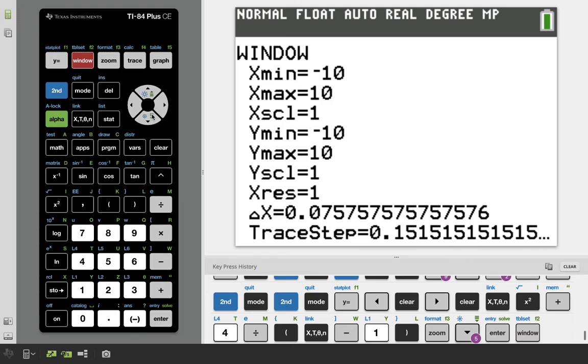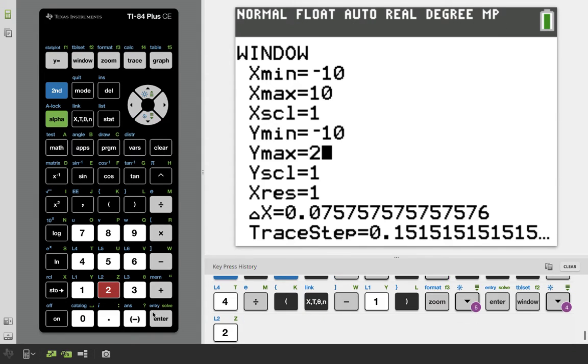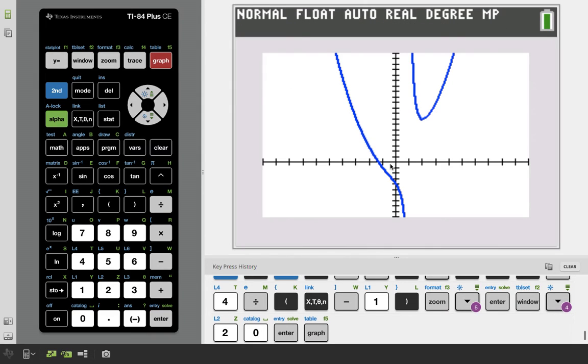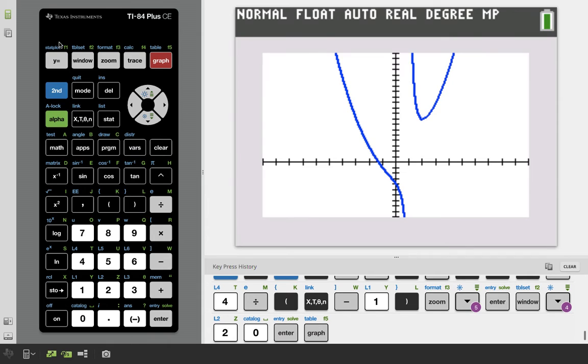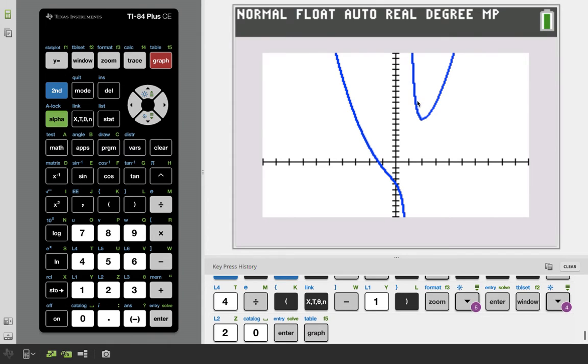I'm doing this just to make sure you're comfortable with changing your window, basically. We should be seeing the asymptote at x is 1, right? So that line should be there, and I should be seeing a minimum here at 2 and 8.